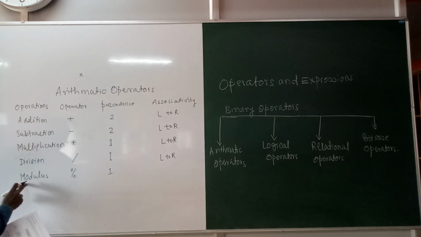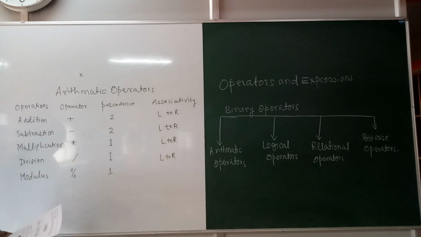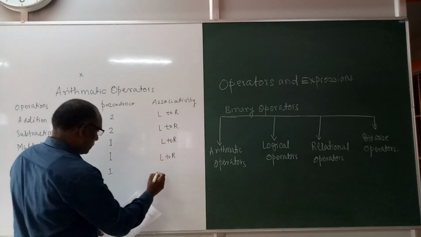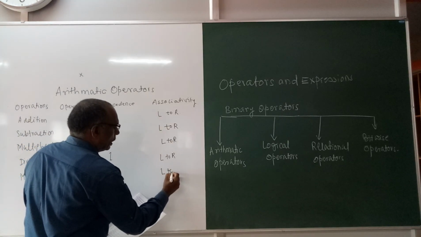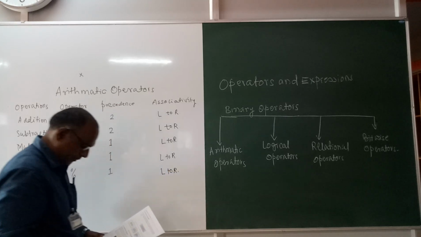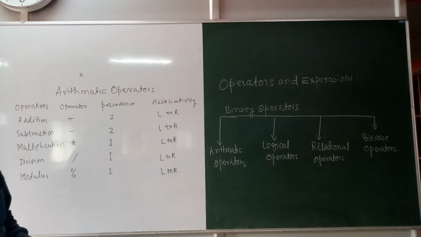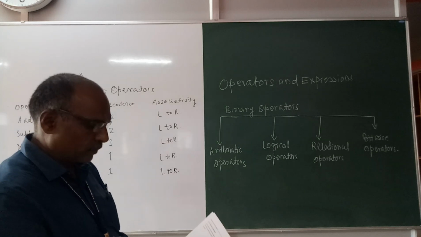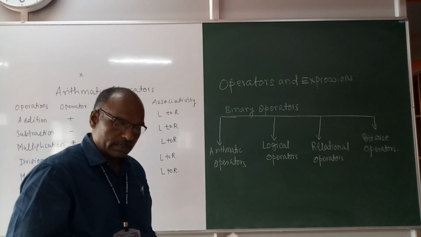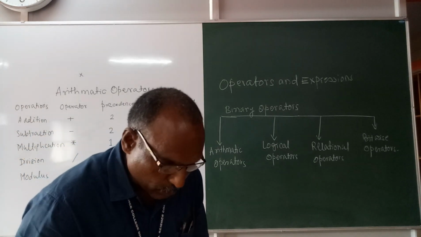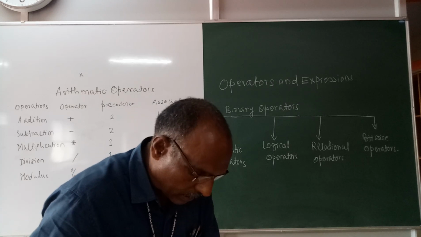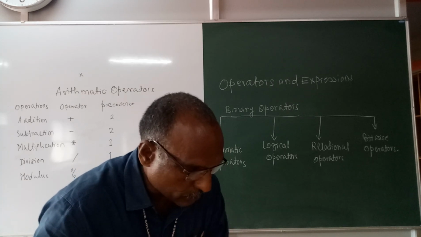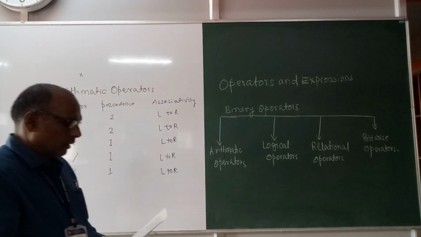Once we have asked about this in an objective question; go through the old question papers, you can find this. Many times they ask operators and expressions for 10 marks, but for this examination we are not going for the 10 marks description.